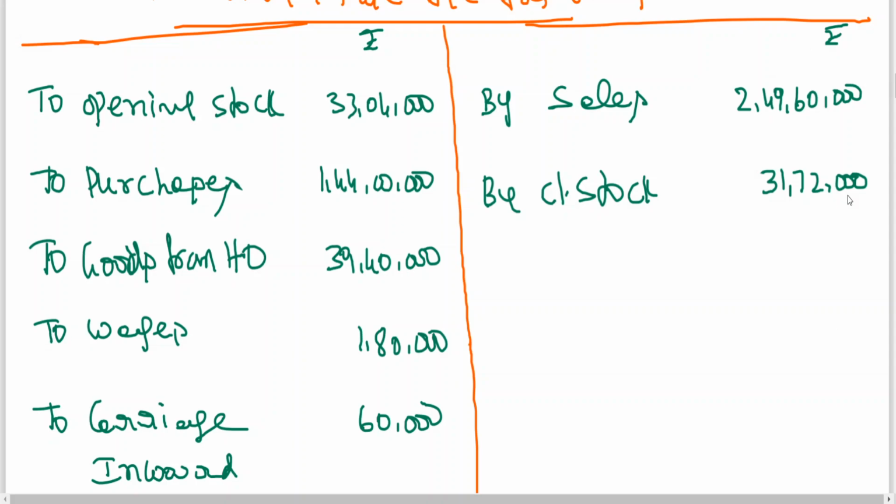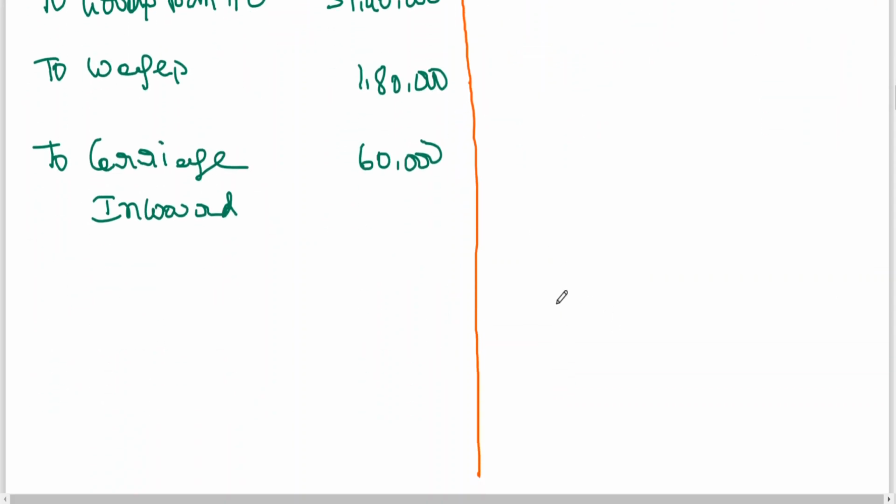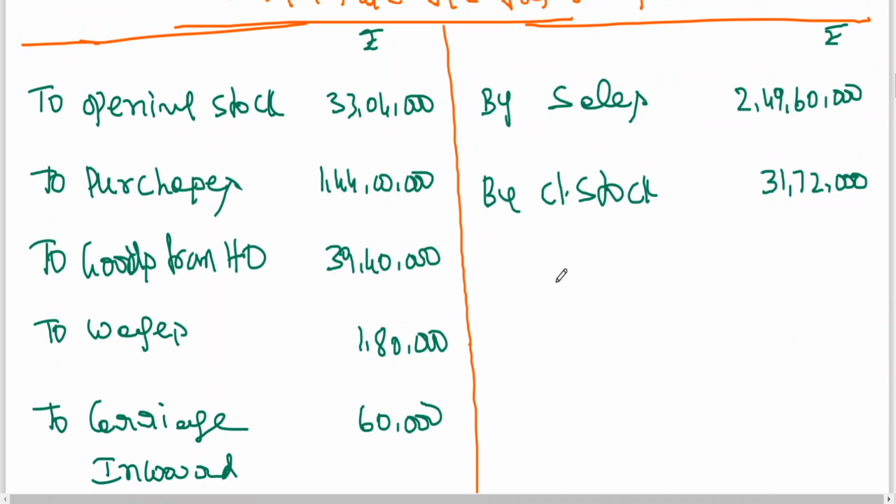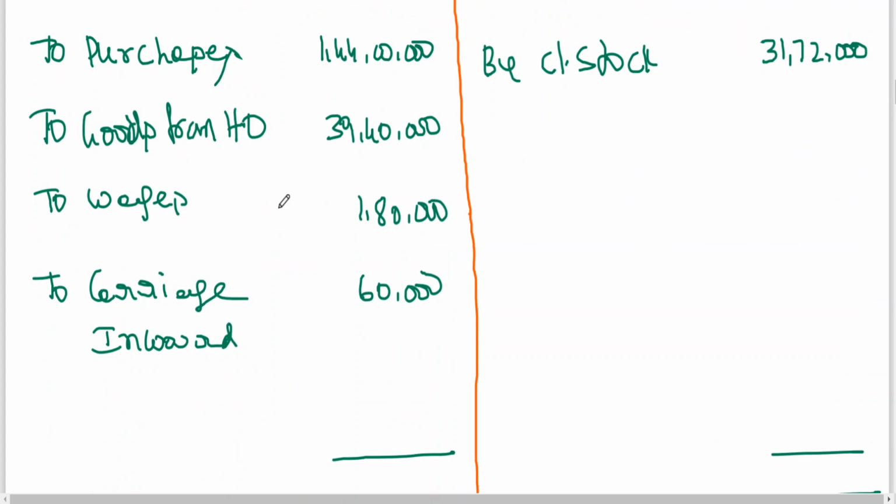Is this clear? Once you convert trading and P&L account, you all can do. So 2 crores 49 lakhs 60,000 plus 31 lakh 72,000, you add, you are getting 2 crores 81 lakhs 32,000.